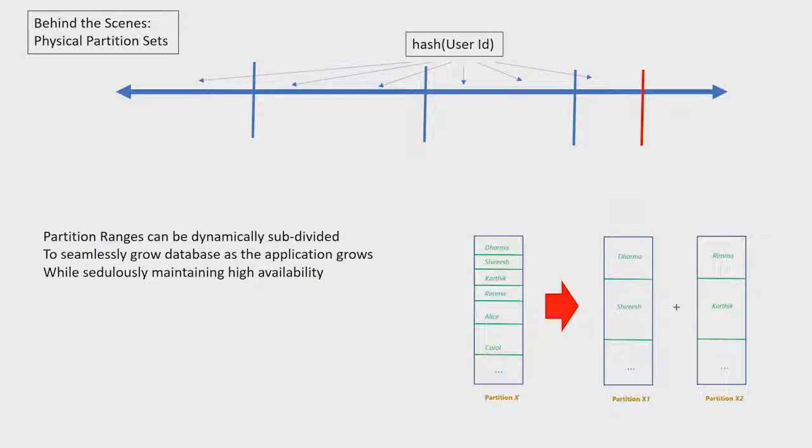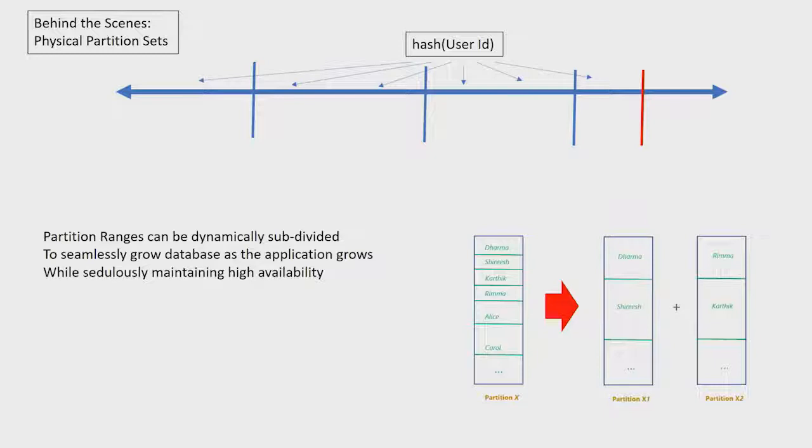It's 80% full, so we need to get another partition. So we split that and turn it into 2 partitions. Values 75 to 87 might go to one partition, 88 to 100 might go to another. That way, for that same range, you now have double the throughput capacity and double the storage capacity.